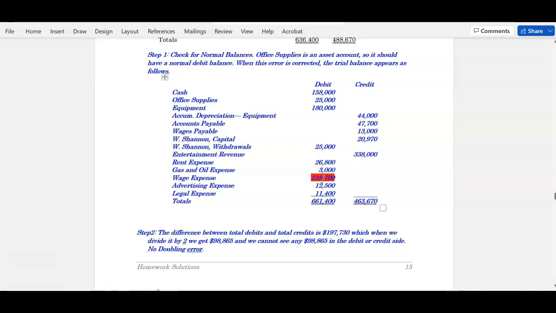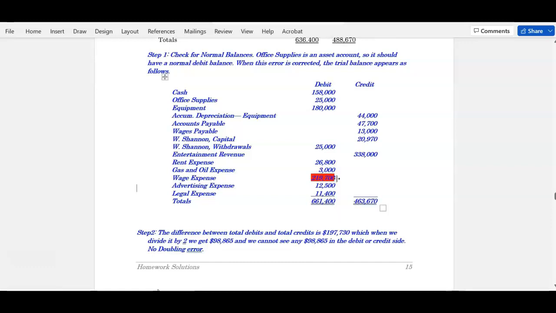If I fix this number, it will go down, and the total on the debit side goes down. Obviously, you want it to go down, because credit is just 463. So definitely I need to get rid of one zero. Got it?